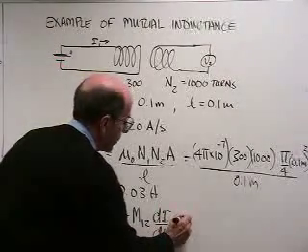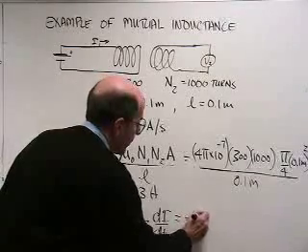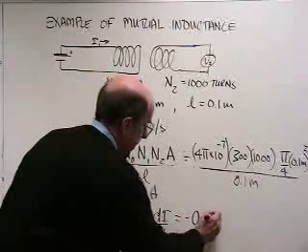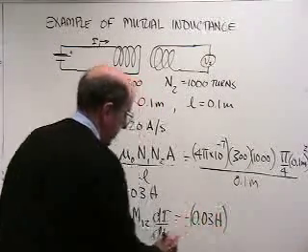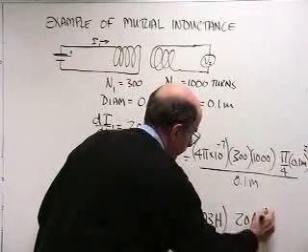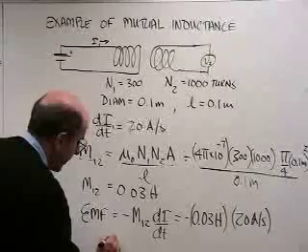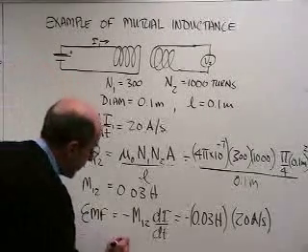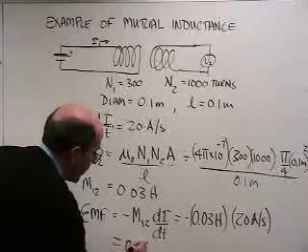So that should be equal to minus 0.03 henries times 20 amps per second. And that should be equal to 0.59 volts.